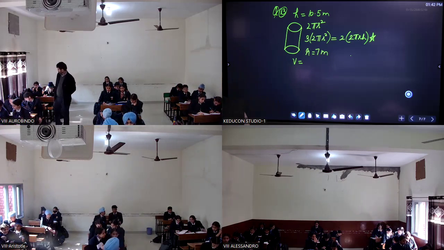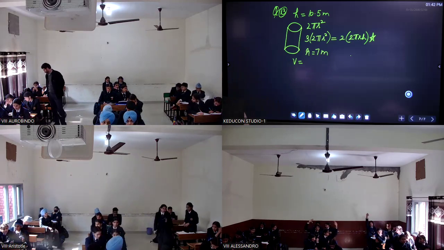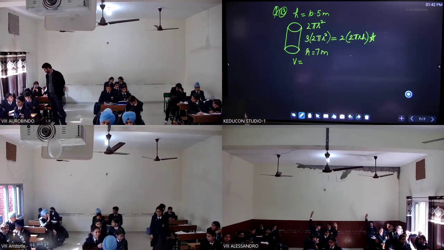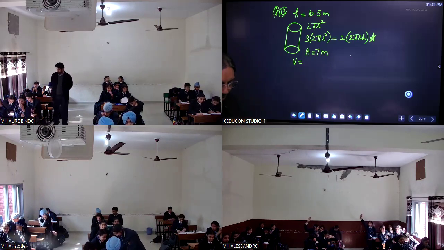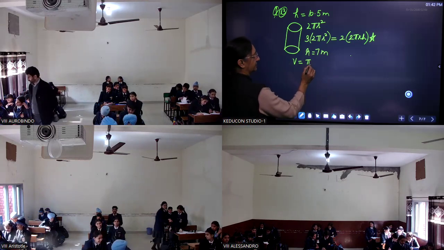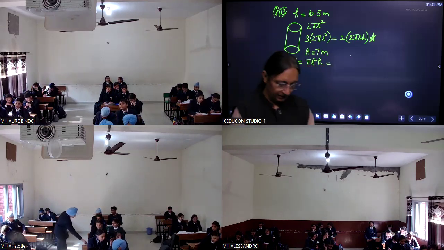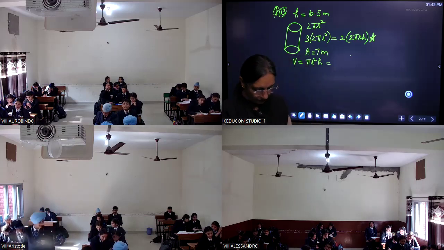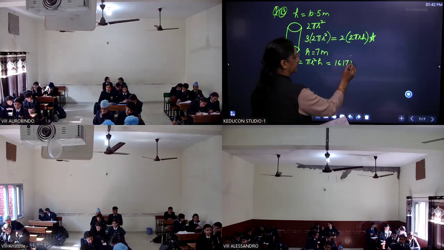Raise your hand who found it. Okay, Alessandro, many have done. Good. R is known to you, it is 7 meter. Then volume formula you know, pi r square h. Then you can find the value by putting these both values, and the option is coming C. Yes, meter cube.